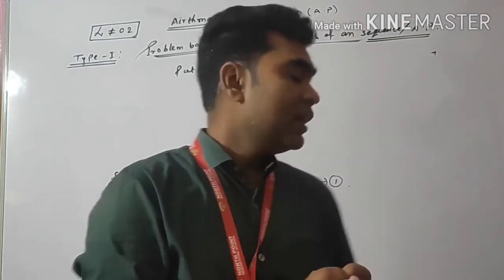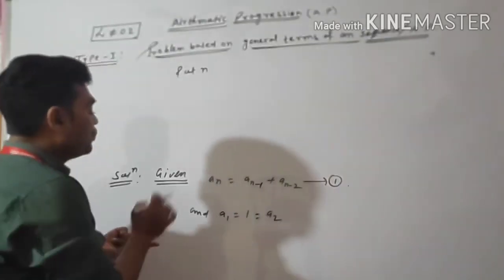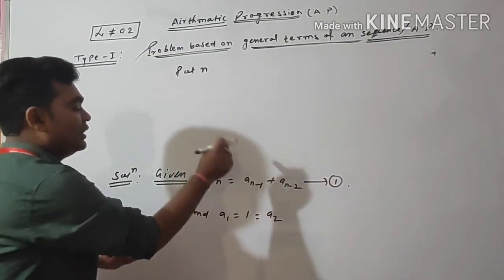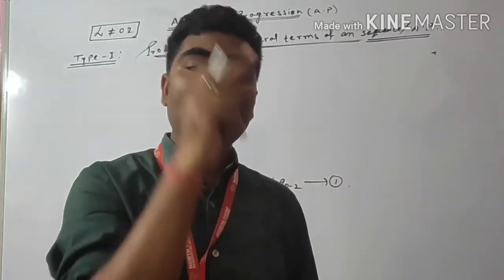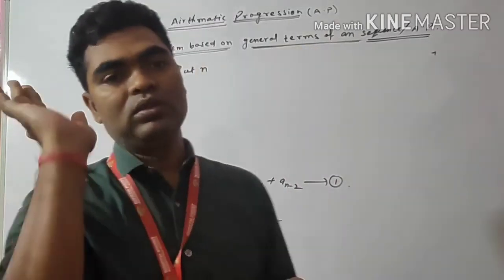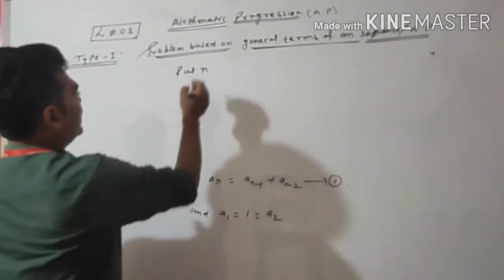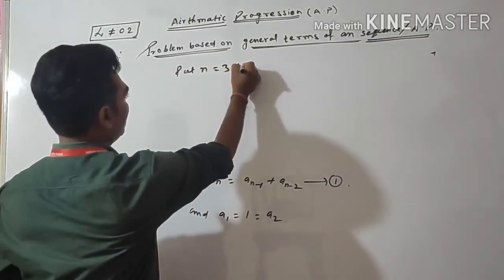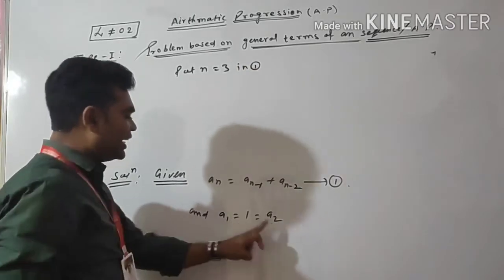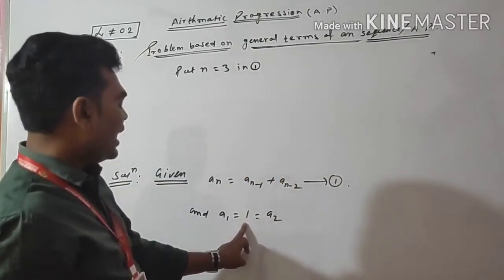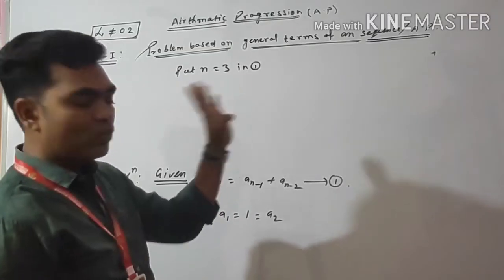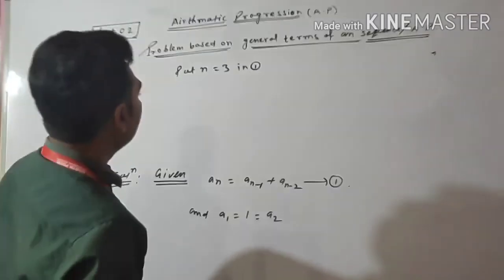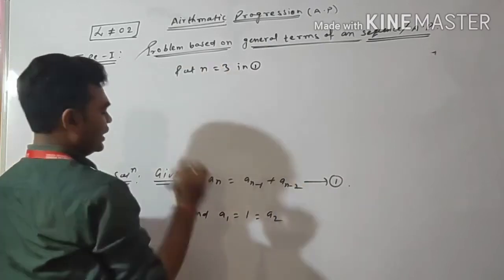Therefore, first we put n equal to 3 in this relation to satisfy the condition n greater than 2. Because a1 and a2 are given and each is equal to 1 from the question.